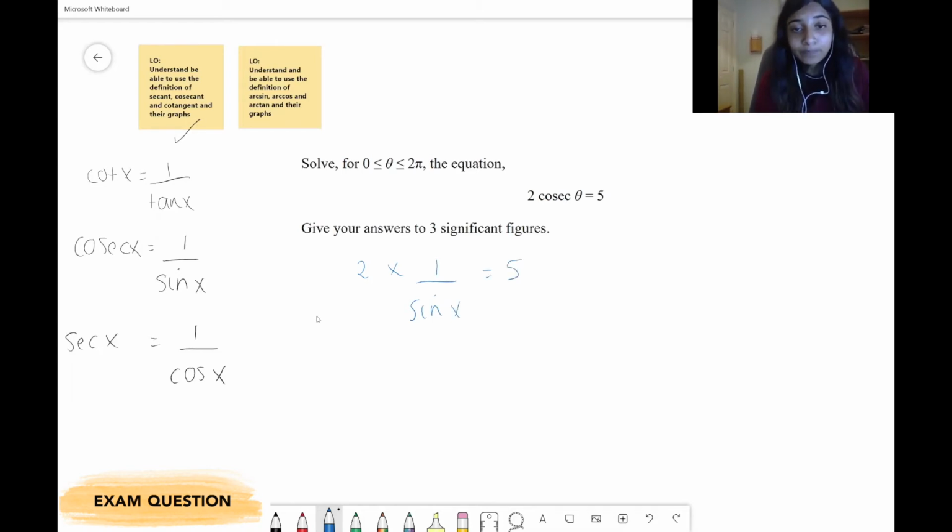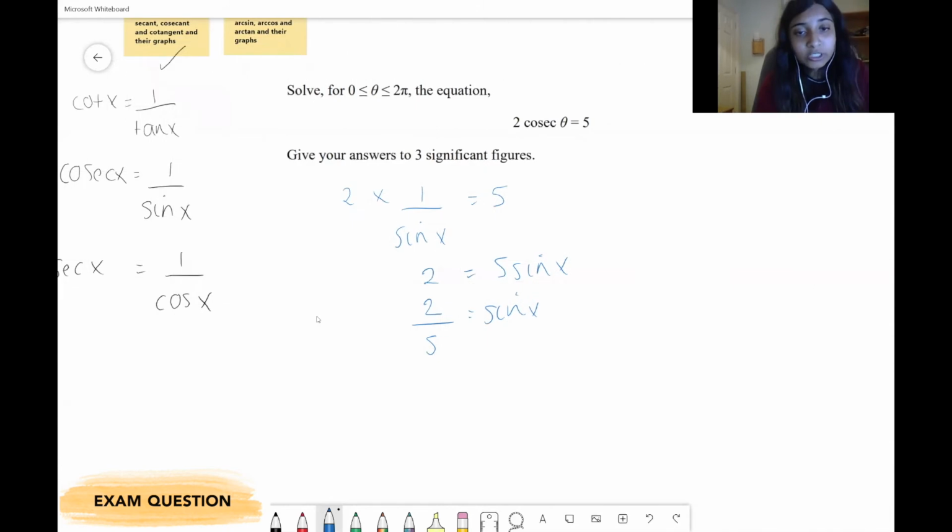So then if we multiply sine theta on both sides, we'll get 2 is equal to 5 sine theta. Then if we divide both sides by 5, we'll get 2 over 5 is equal to sine theta. And then to work out theta, you would just do theta is equal to the inverse of sine 2 over 5.